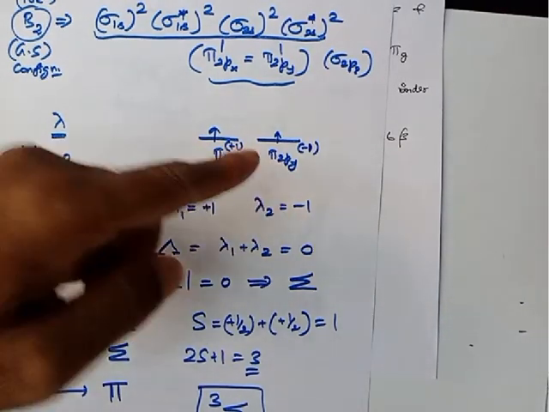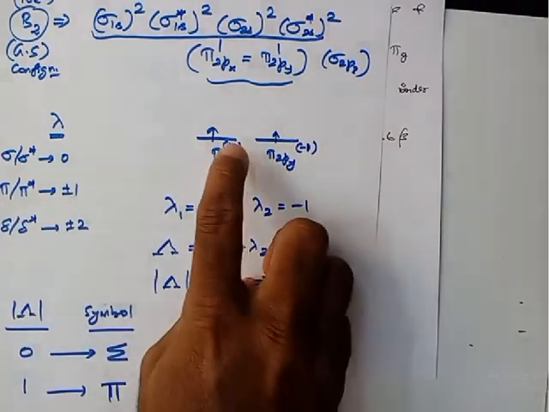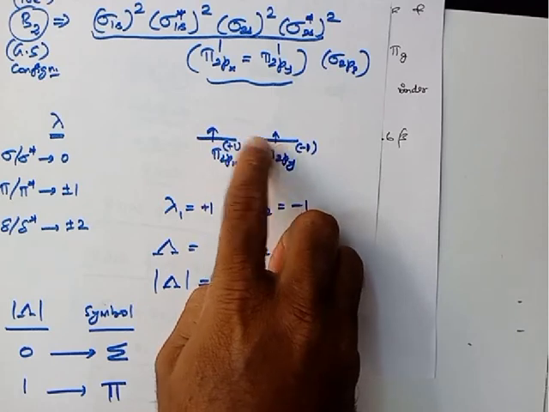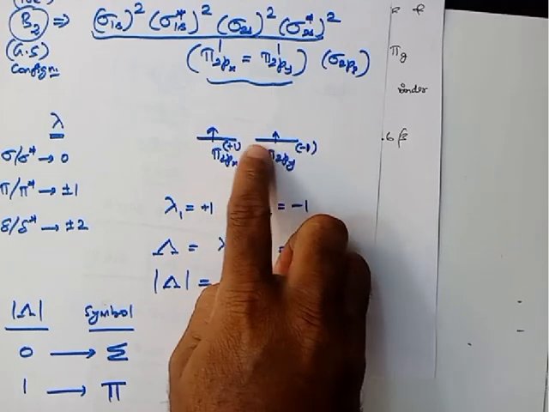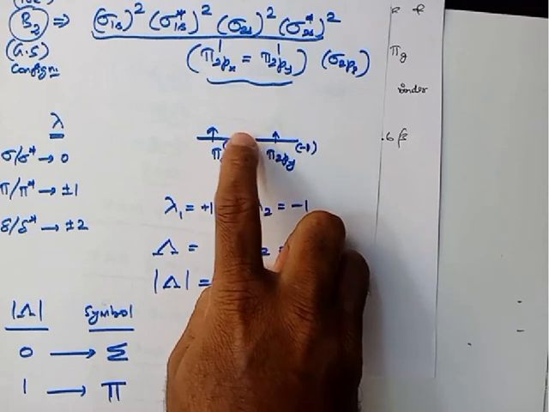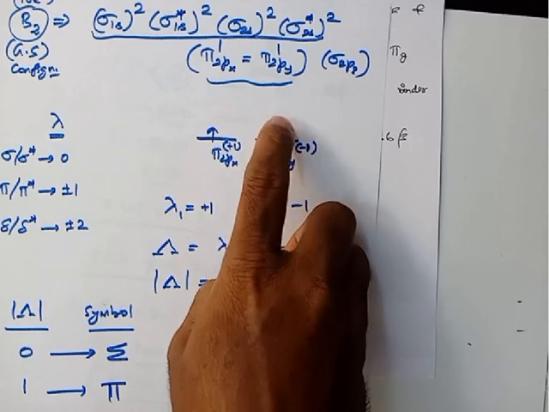But the same plane is antisymmetric with respect to the other. So remember, whenever two electrons are present in degenerate pi orbitals, one electron will have plus 1 symmetry, the other electron will have minus 1 symmetry.